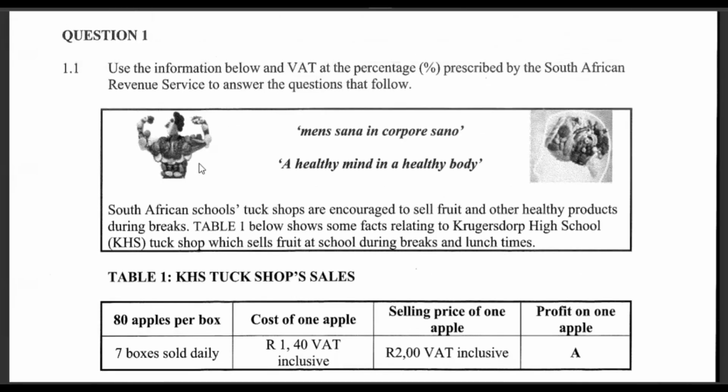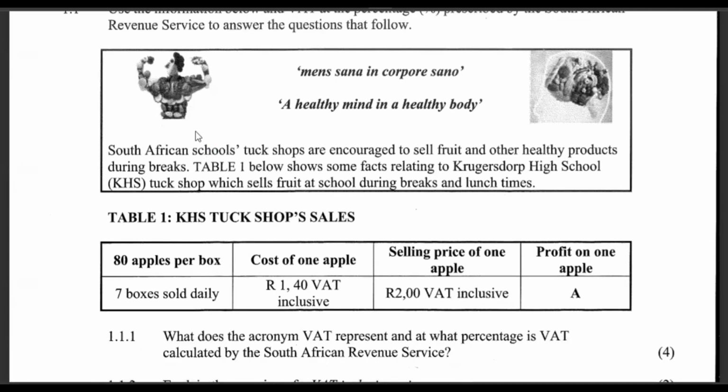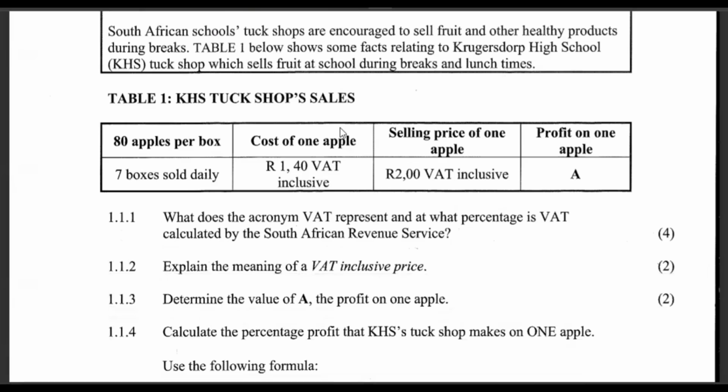1.1: Use the information below and the VAT at the percentage prescribed by South African Revenue Services to answer the questions that follow. South African school tuck shops are encouraged to sell fruits and other healthy products during break time. Table 1 below shows some facts relating to Krugersdorp High School, KHS, tuck shop, which sells fruits at school during breaks and lunch times.